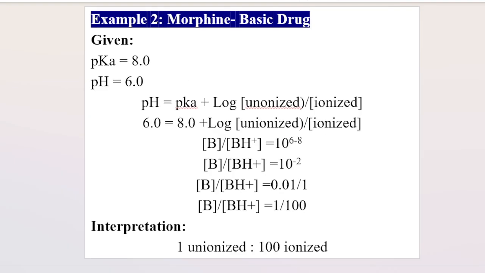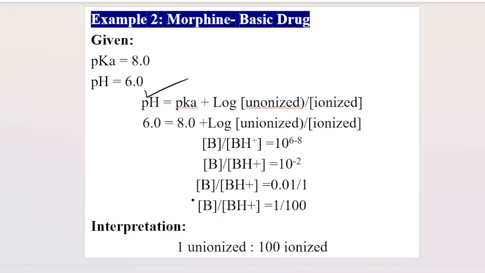Now, if the pKa value is 8 and the pH is equal to 6, what will happen? Again we apply the Henderson-Hasselbalch equation for basic drugs: pH equals pKa plus log of unionized over ionized. The answer will be the antilog of -2, which is 0.01, equal to 1 over 100.